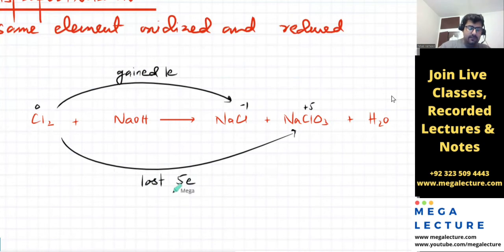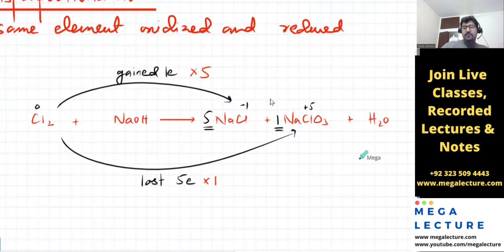So I would have to multiply the first one by 5 and the second one by 1. There should be 1 Cl turning into this, and 5 Cls turning into Cl -1. So the ratio would be 5:1.